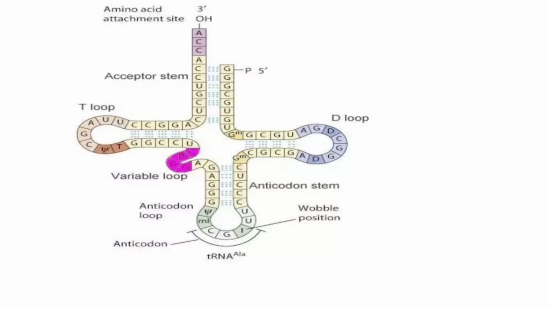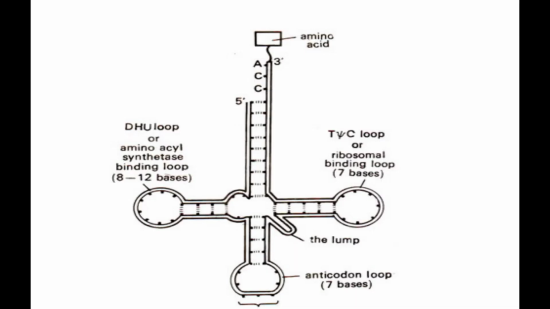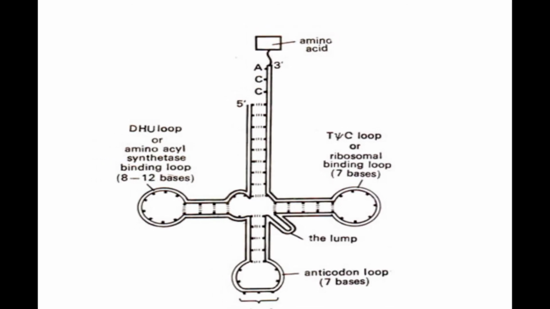The folded structure is stabilized by hydrogen bonds between complementary bases at different regions of the same strand. So that is the structure. This structure you can remember for the exam.